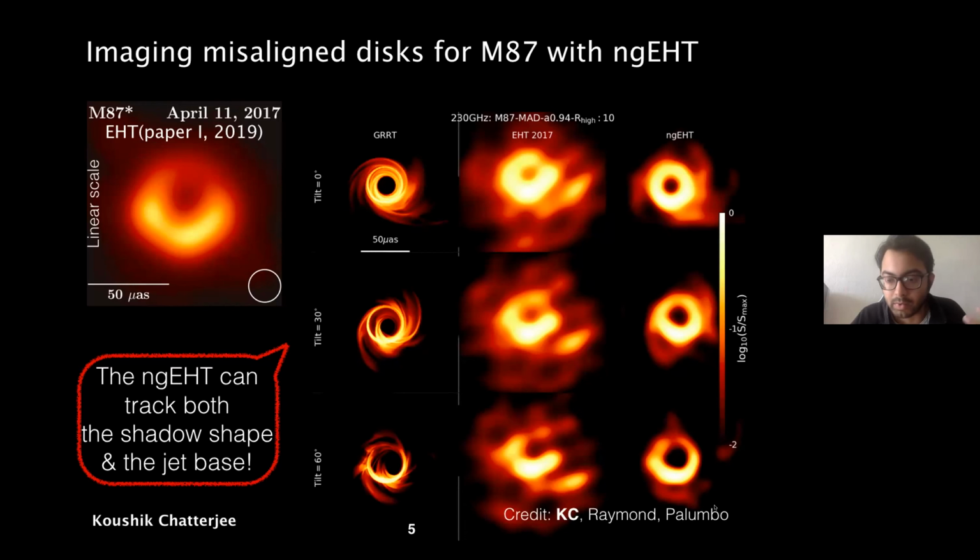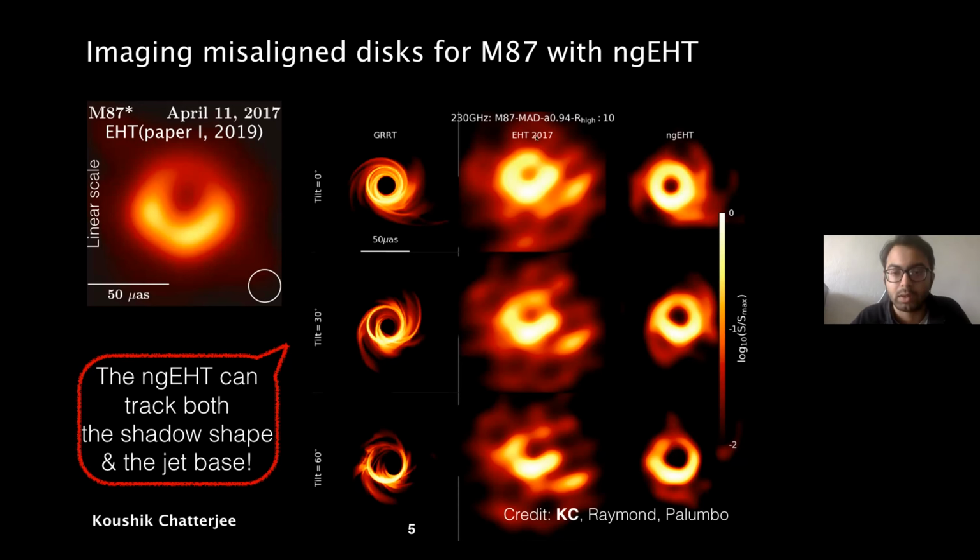Credit goes to Alex Raymond and Daniel Palumbo for coming up with the scripts with which I was able to do these reconstructions. As we go from top to bottom, we are increasing the tilt angle of the disk, going from a normal aligned model up to 30 degrees initial tilt, to 60 degrees initial tilt.